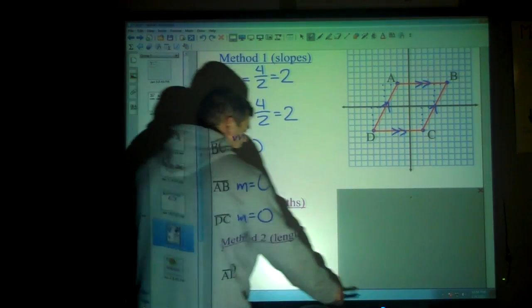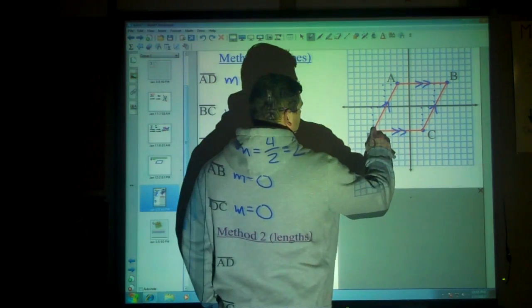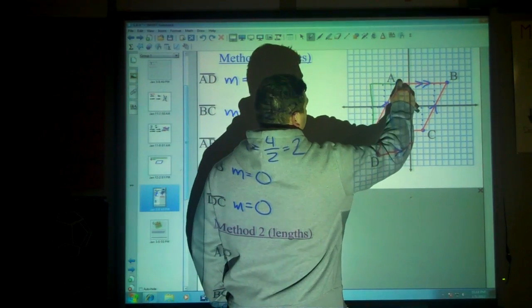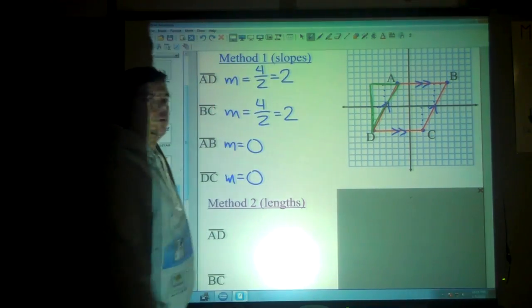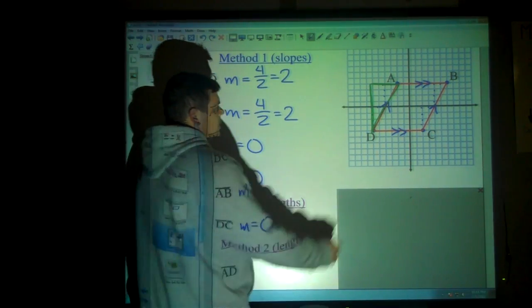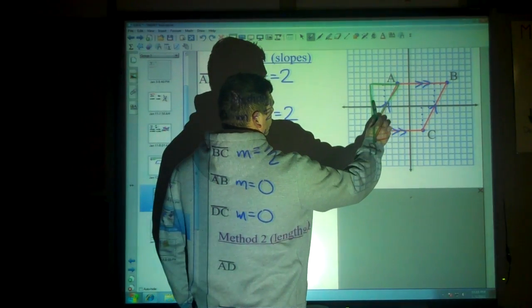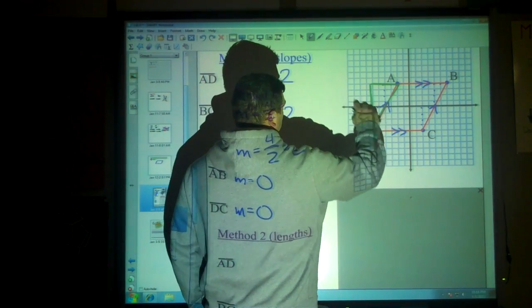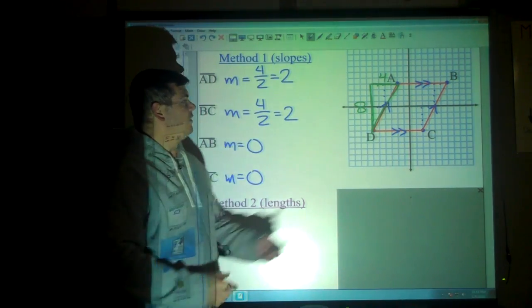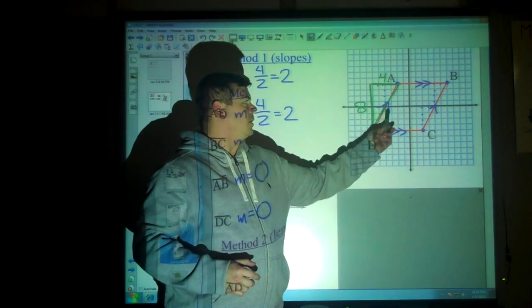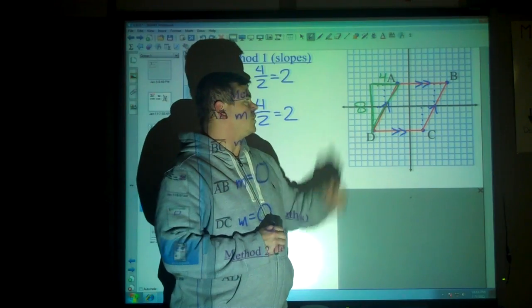One thing you can do to find the length of A to D is think about the fact that this is producing a right triangle. And when we have a right triangle, we can use the Pythagorean theorem. Now, it goes up 1, 2, 3, 4, 5, 6, 7, 8. And it goes over 1, 2, 3, 4. So we just need to find the hypotenuse. And remember, the hypotenuse squared is equal to the sum of each leg squared.